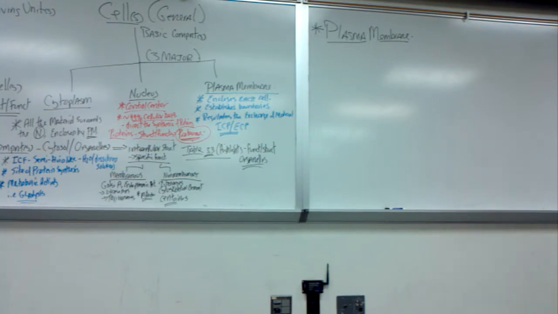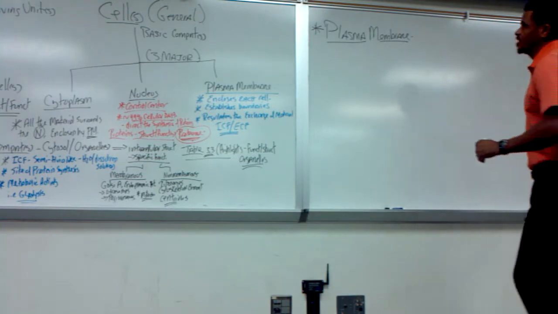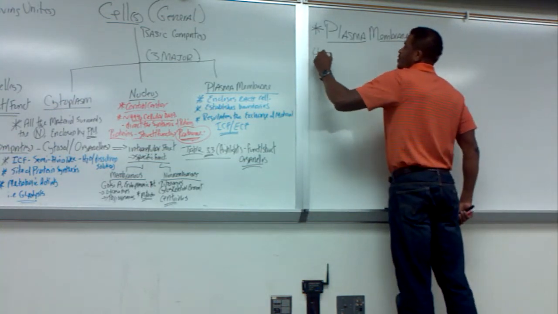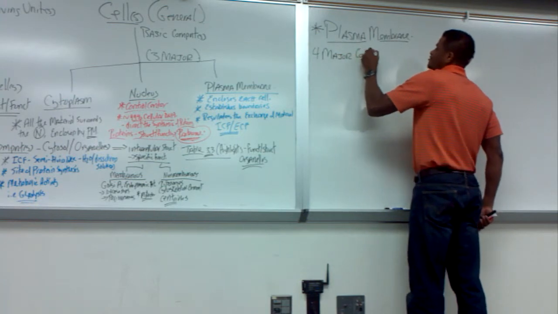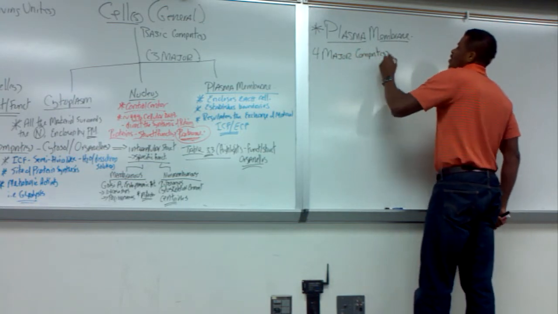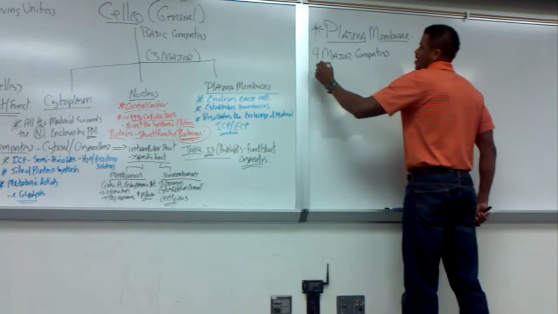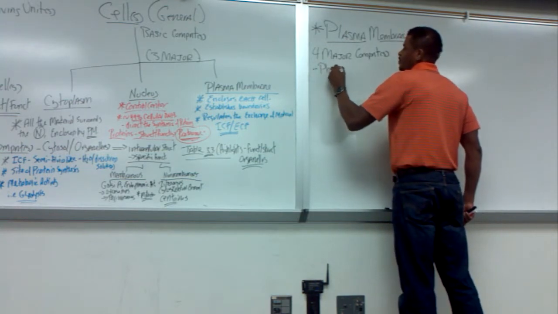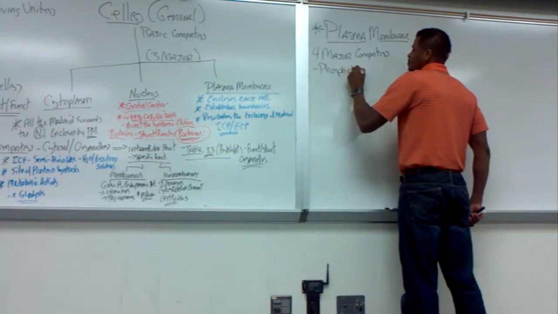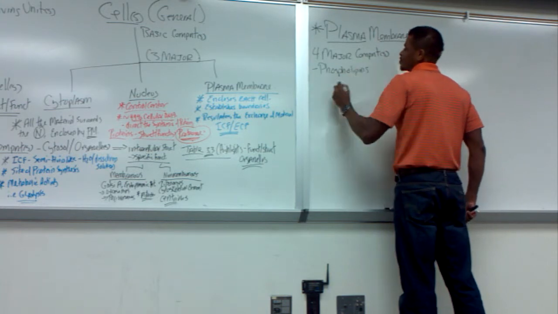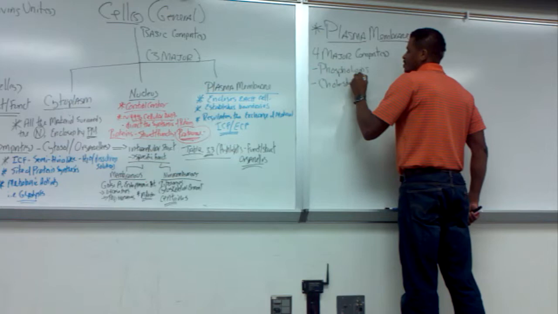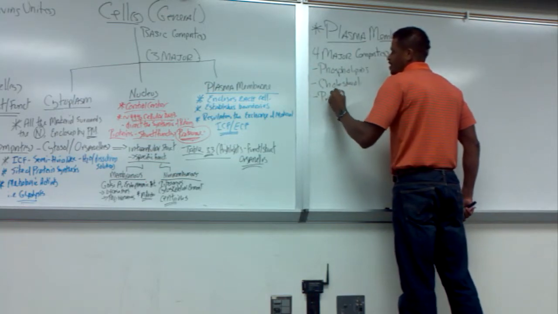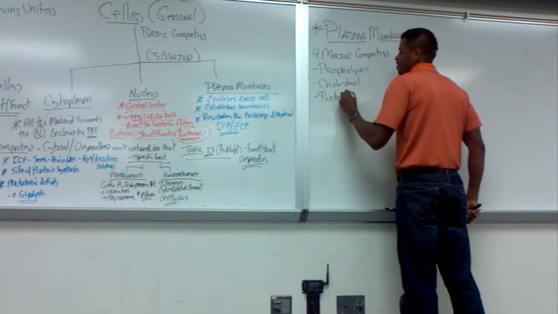So we look at the four major components of the plasma membrane. That would be our phospholipids, our cholesterol, the proteins, and the carbohydrates.